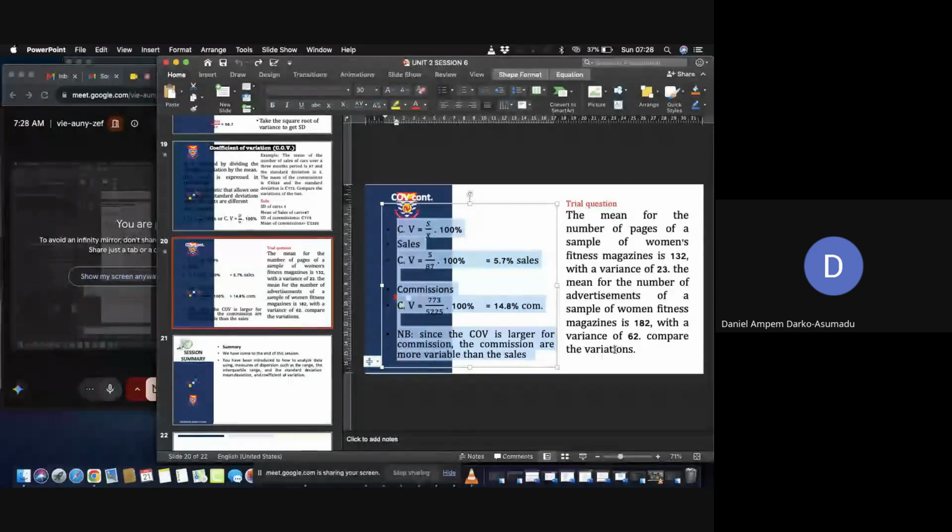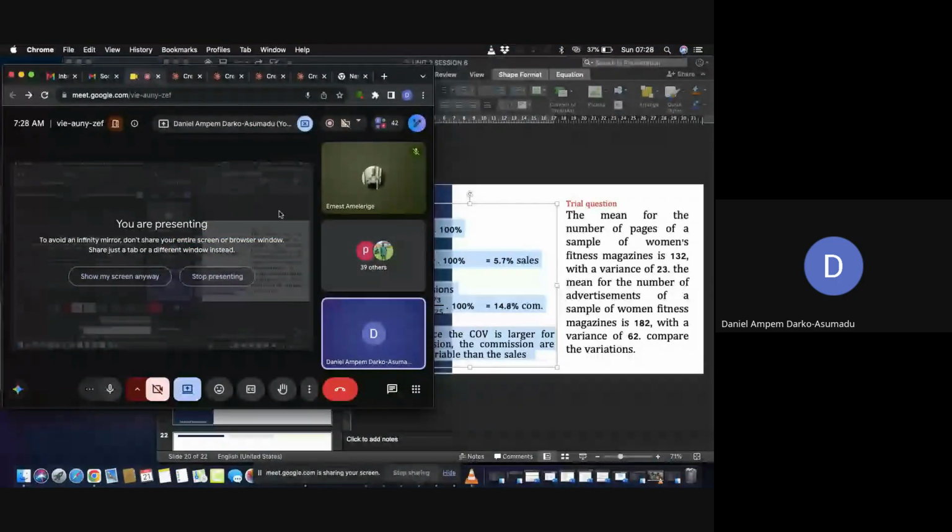Compare the variation. The formula is standard deviation over mean. But in this question, we have been given variance. How do you get the standard deviation from this variance so that you can use it to calculate? Can anybody help us?